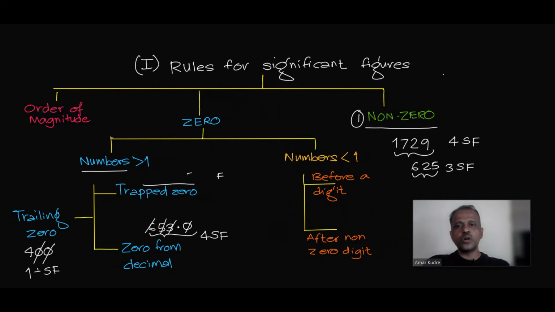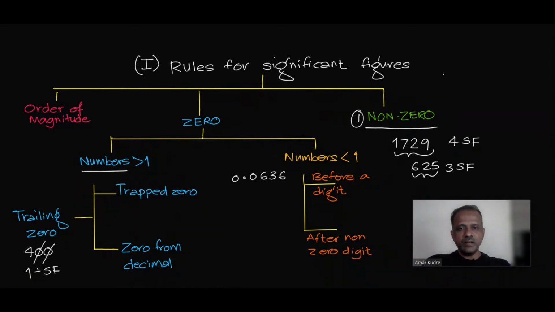Now we will go over to the numbers which are less than 1. Is there any special rule for the numbers which are less than 1? Yes. Suppose a number is around 0.0636. Here, there is a 0 after the decimal.